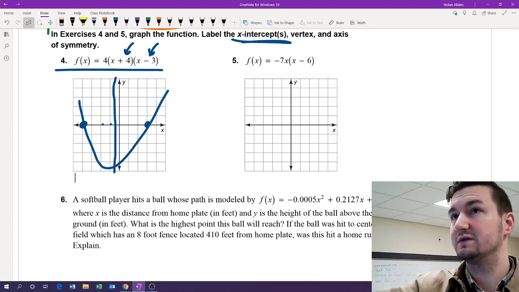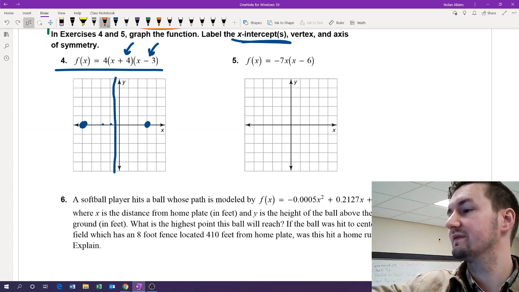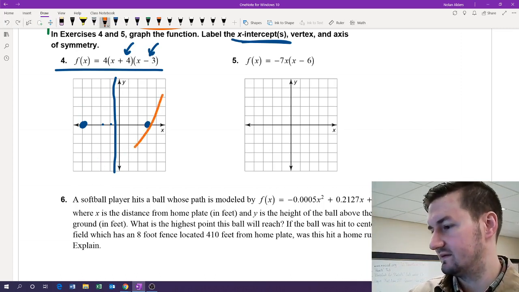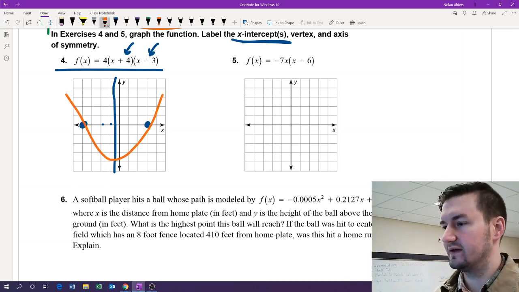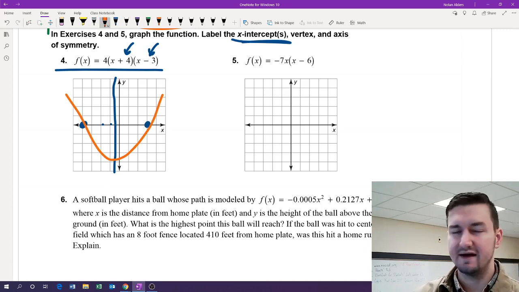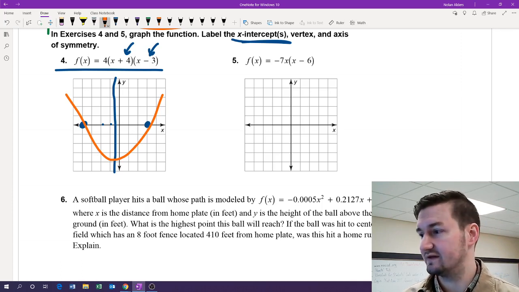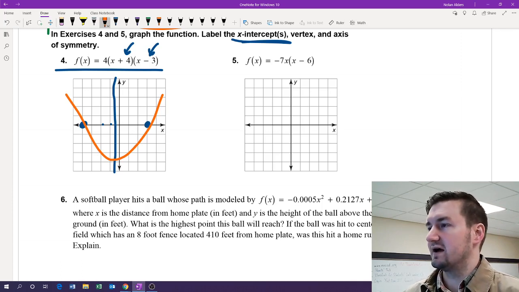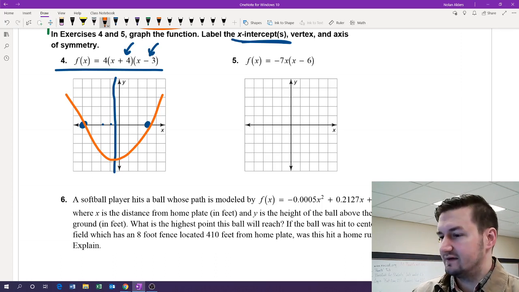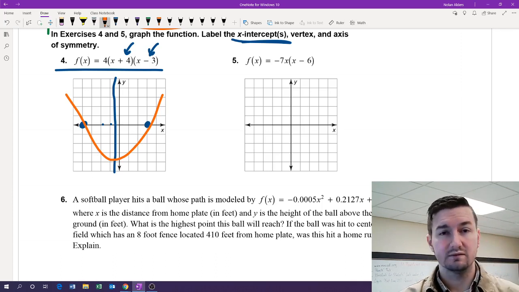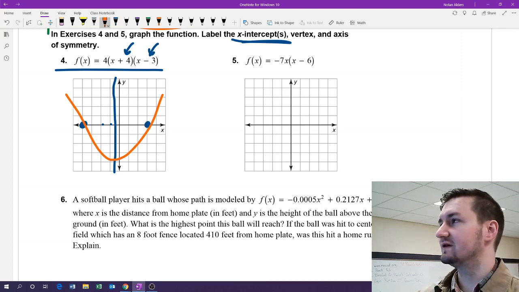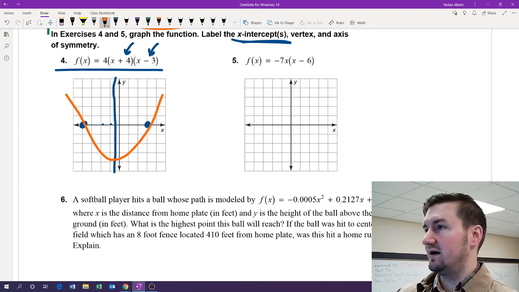Let me try one more time. We'll go in a different color. Okay, that's a little bit better. So the x-intercepts are just where the graph is touching the x-axis. And the axis of symmetry, notice, is right in between those two. It's directly in the middle. So we could figure that out real easy.